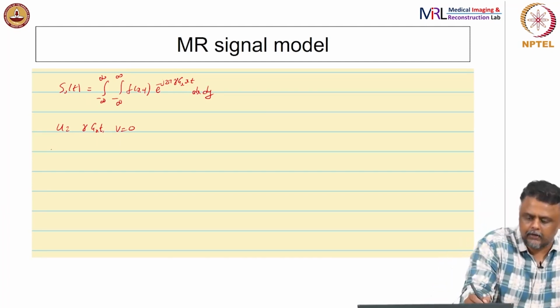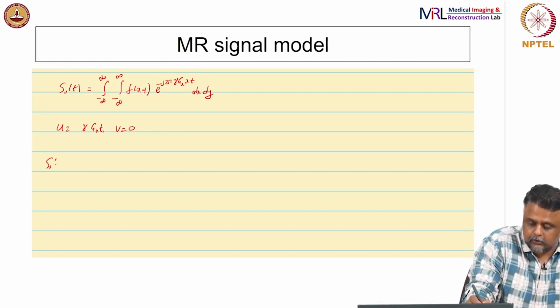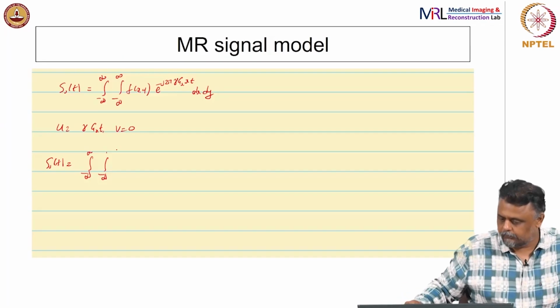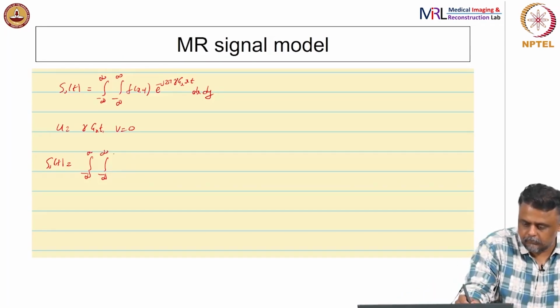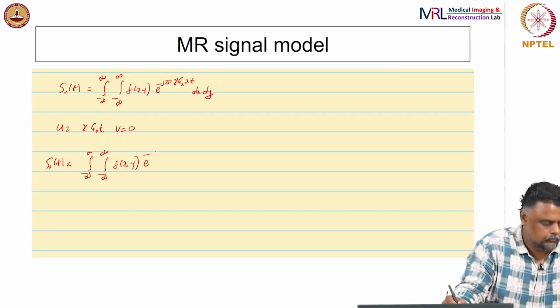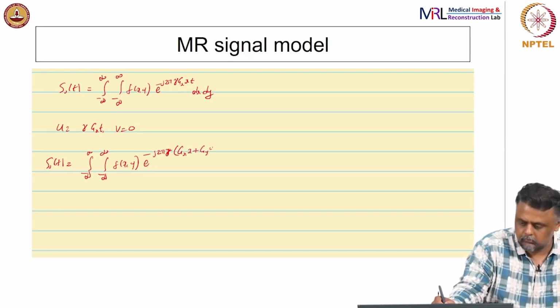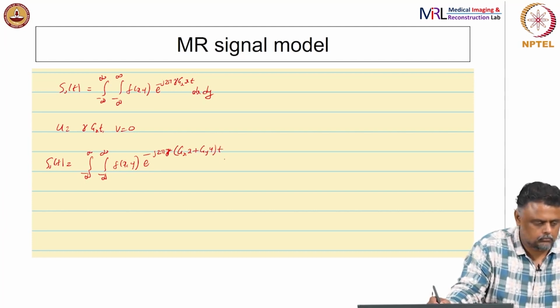So, if you apply another gradient along y, then your signal model would be this, right.